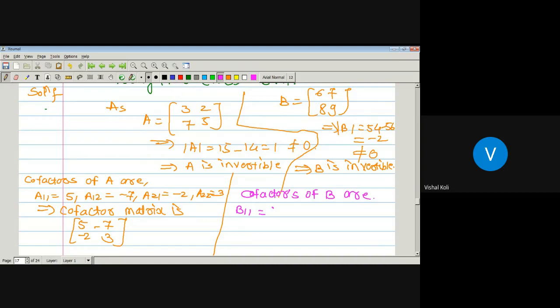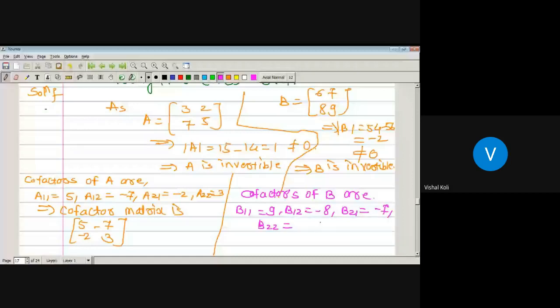B12 equal to minus 1 to the power 3 into 8, which is minus 8. B21 equal to minus 1 to the power 3 into 7, which is minus 7. And B22 equal to minus 1 to the power 4 into 6.